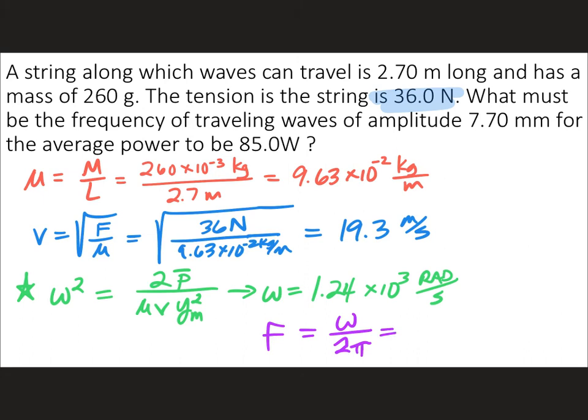So you think about it, the angular speed per full revolution. That would be the frequency, how frequent the wave is therein. And so that works out to be 198 hertz.